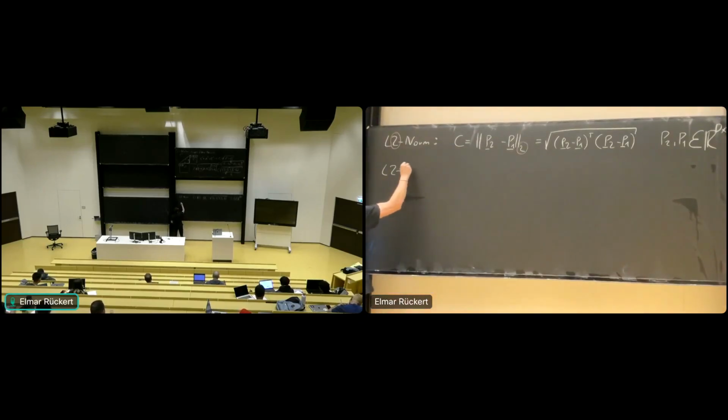Now, in machine learning, sometimes we are not really interested in the Euclidean distance when we need to take the square root. So we don't need to know C in meters, centimeters, whatever. We just want to compare the C of one experiment with the C of a different experiment, and we want to know which of the two are smaller, larger, whatever. So if we look at relative distances, then we define the L2 squared norm.